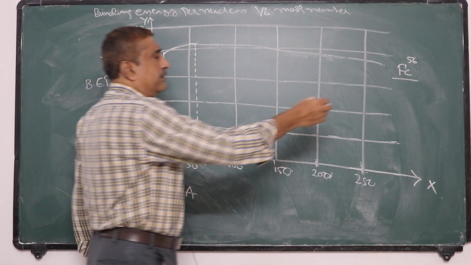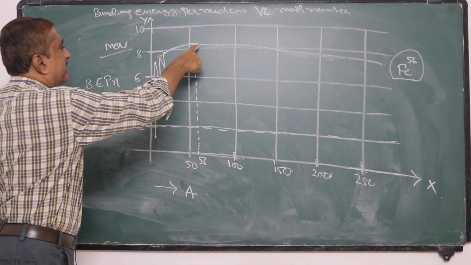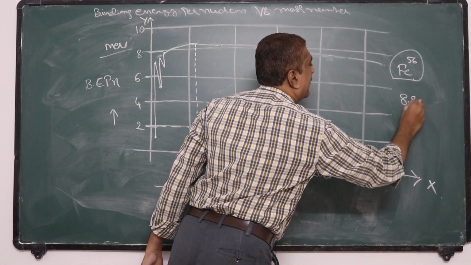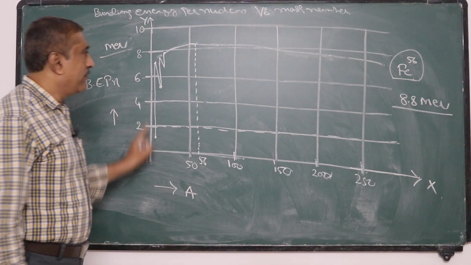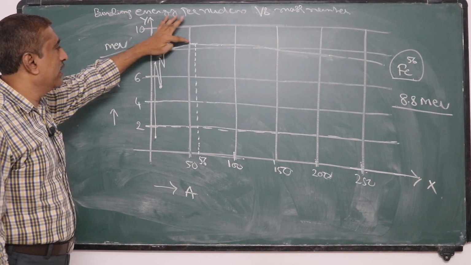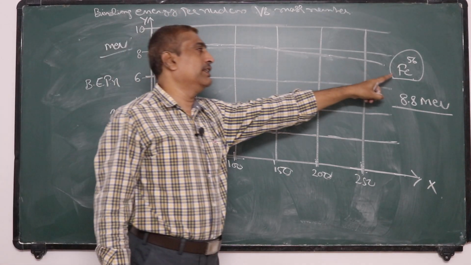Iron has the maximum binding energy per nucleon, about 8.8 million electron volt.